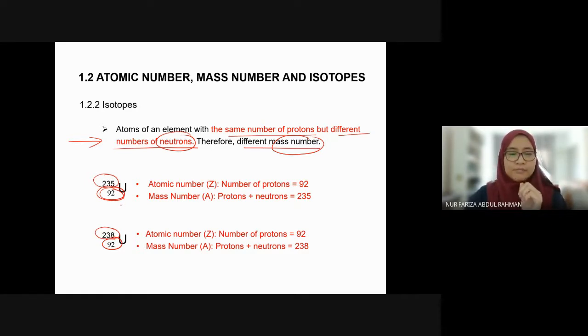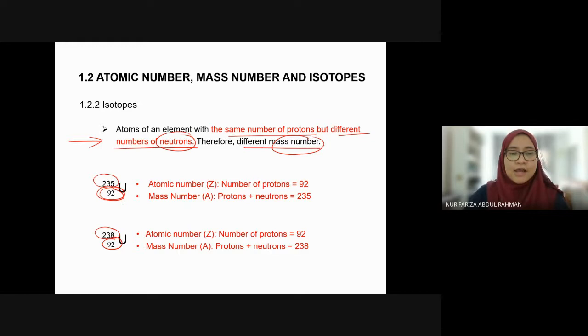Imagine if we went by the number of electrons: if the number of electrons changes, it will no longer be the same element.